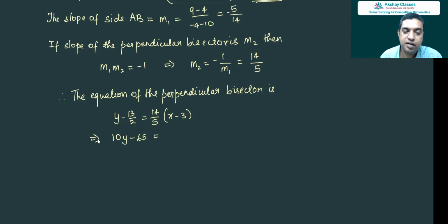I multiplied by 10, so 14 into 2, 28. So I get 28x minus 28 into 3.